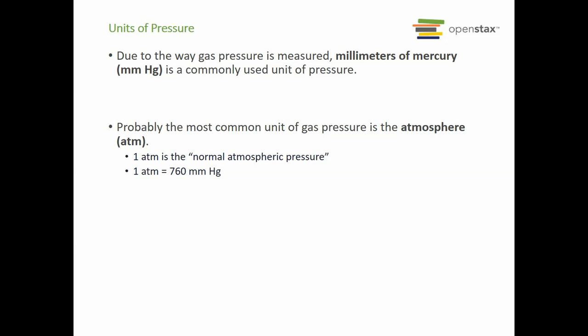I'm sorry, it's more than a foot. Scratch all that. It's 29 inches of mercury, which is 760 millimeters of mercury. mmHg is a commonly used unit of pressure.